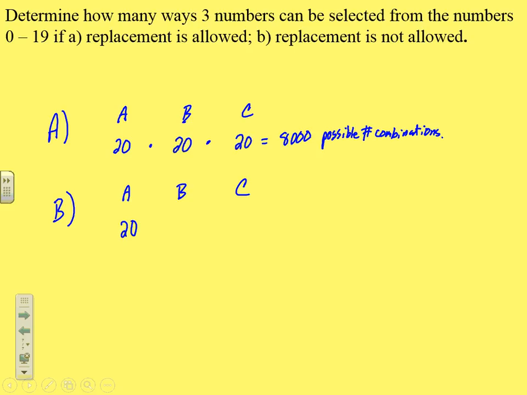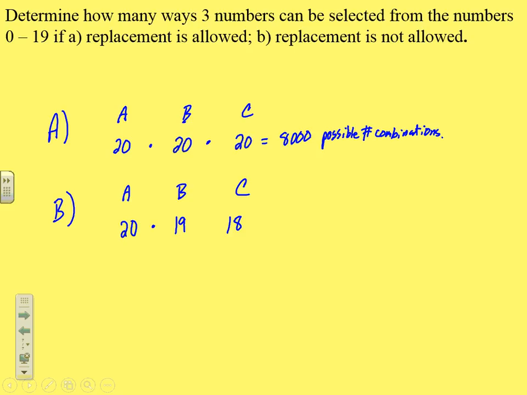Whatever that first number is, if you don't put it back, now there's only 19 numbers the next time that you pick. And the third time I pick a number, I've picked twice and I haven't put either of those numbers back, so now there's only 18 values with which to choose from.